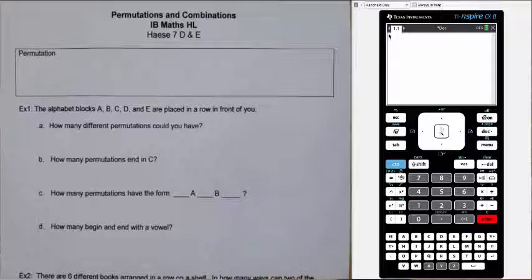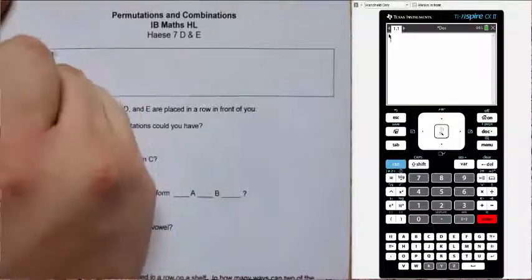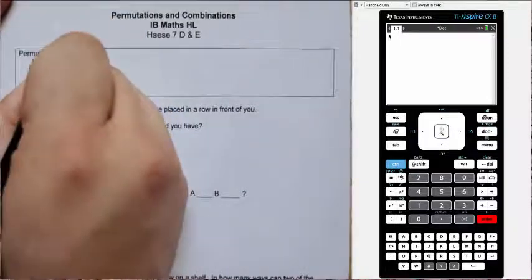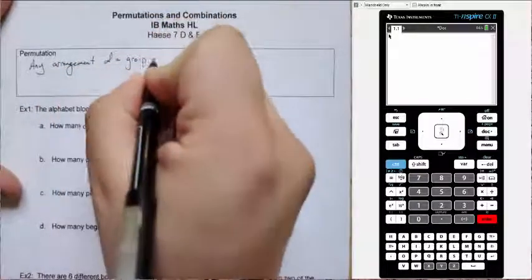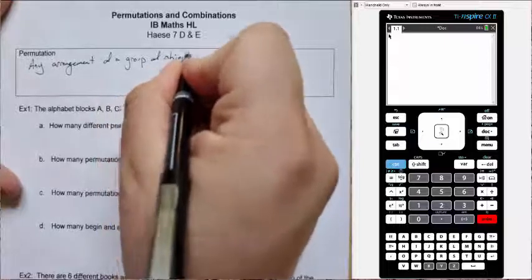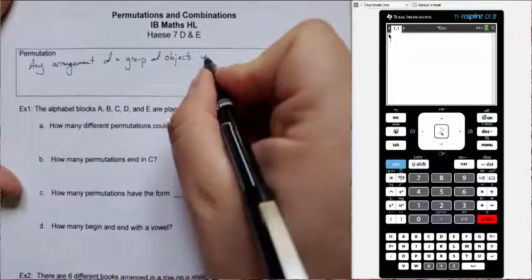In this video, we're going to continue looking at some fundamental counting ideas and look at two very specific situations with some known formulas and ideas for how to do that counting. The first is called a permutation. A permutation is just any arrangement of a group of objects with a definite order.